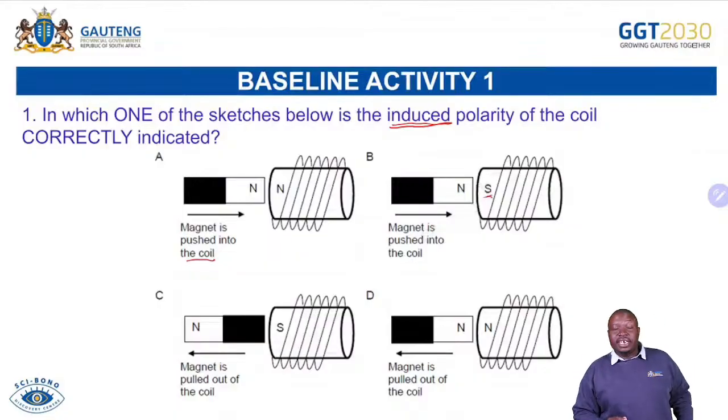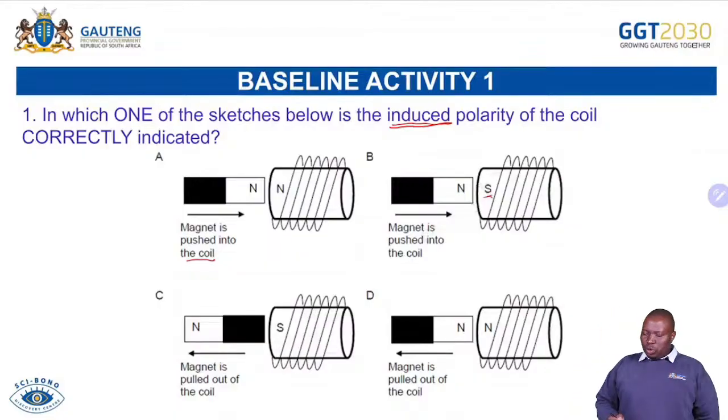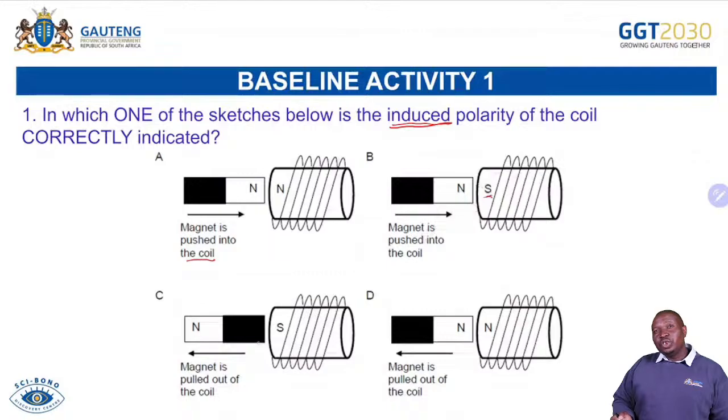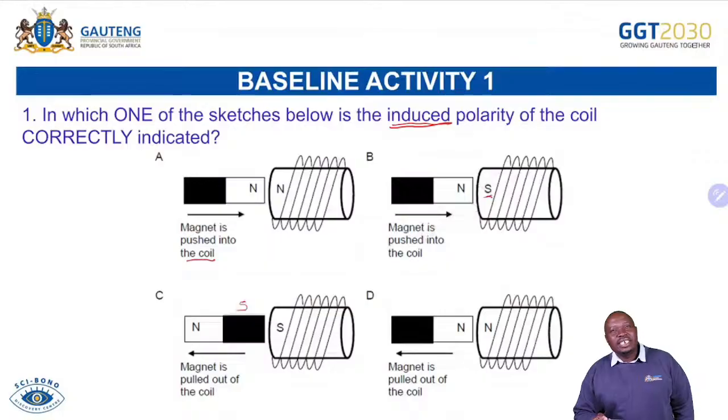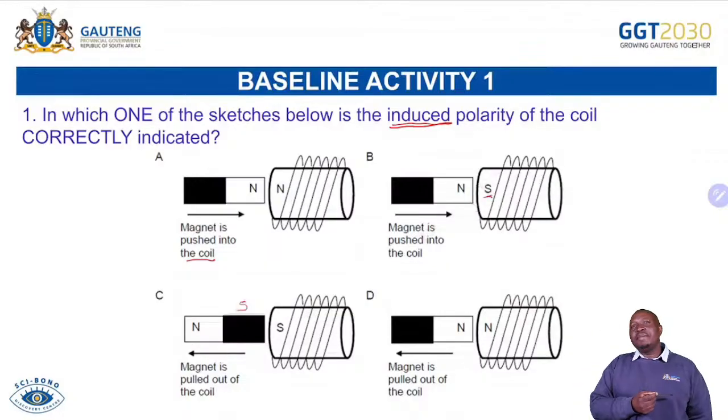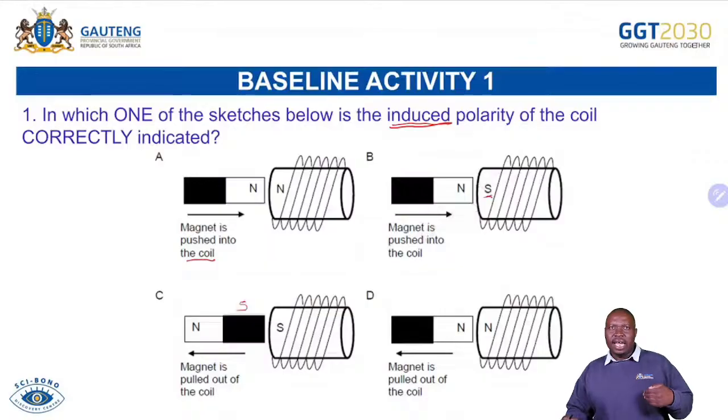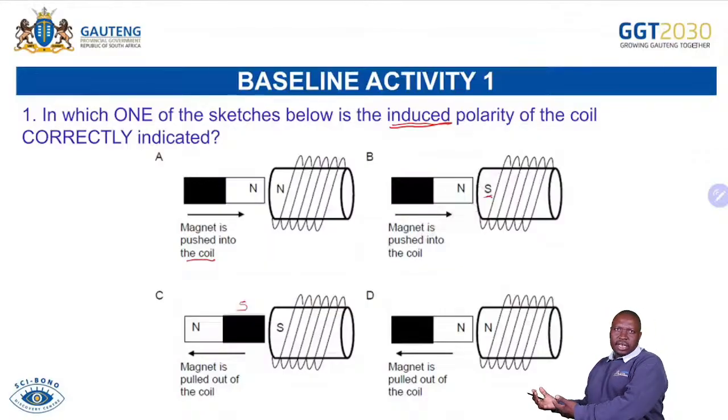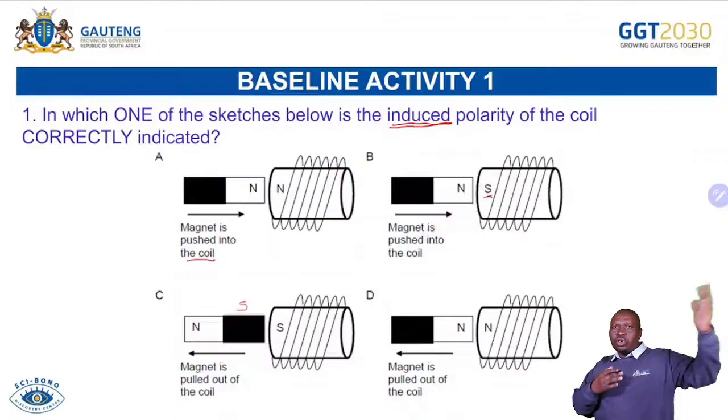And if you look at C there, the north pole is going away. Here the dark part is your south. So as the magnet is pulled out, the coil says, now I want you to come back. You see what happens? As the north pole was going towards the coil, it induces the north so that it can repel it to say, I don't want you.